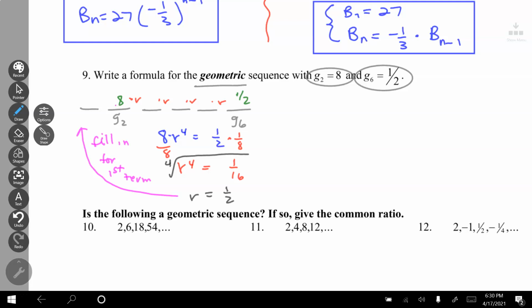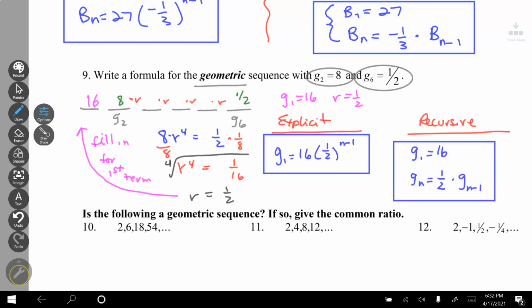Well, if I'm going by half to the right, I have to have 16 here up front to get 8 as a second term. So now I know my first term is equal to 16, and my r value is equal to 1/2. So now I can write my formulas.